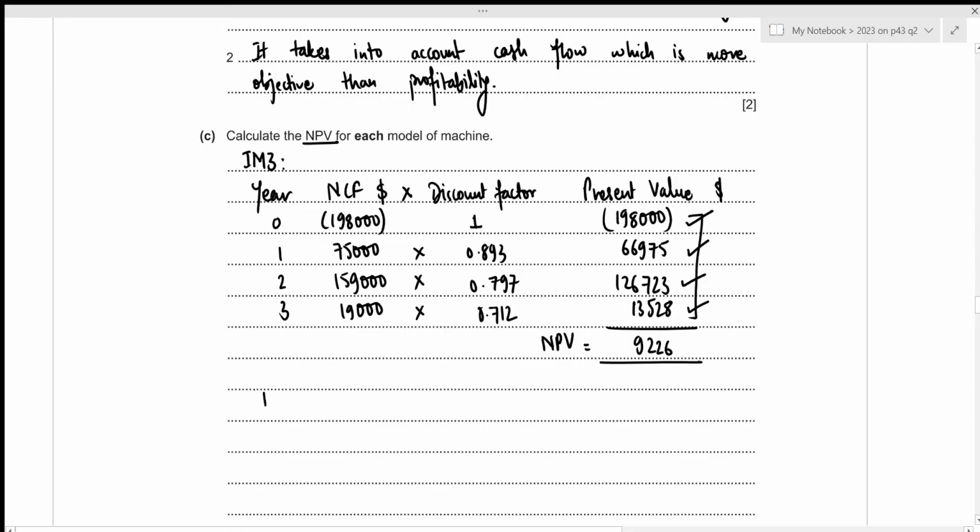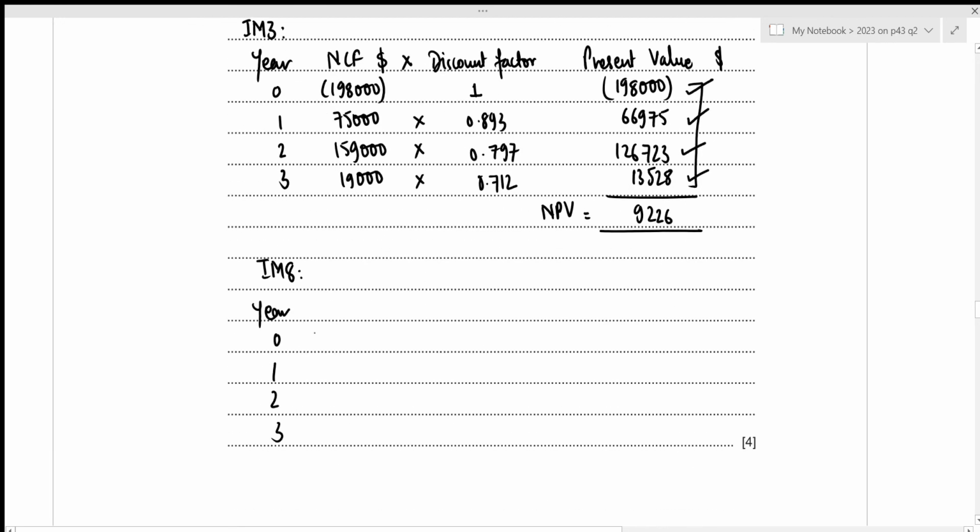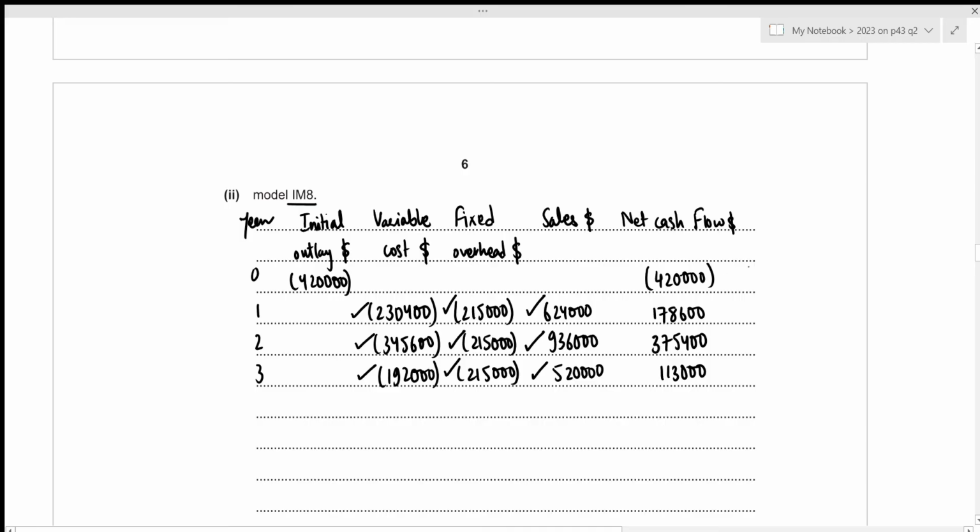Now we repeat the same process for IM8. That's for option 2. So we have years 0, 1, 2, and 3. We can copy down the net cash flows that we've calculated in the first part. So negative 420, 178,600, 375,400, and 113,000.